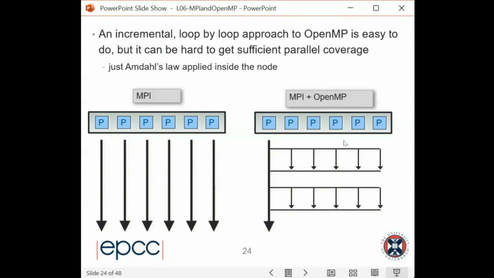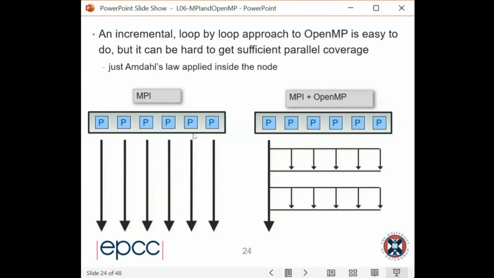The main issue, though, I see is Amdahl's law. Amdahl's law says that the performance of a parallel program is limited by its serial component, and that's often things like I/O and other serial operations. The problem with an MPI plus OpenMP code is that you will have serial sections in your OpenMP code.